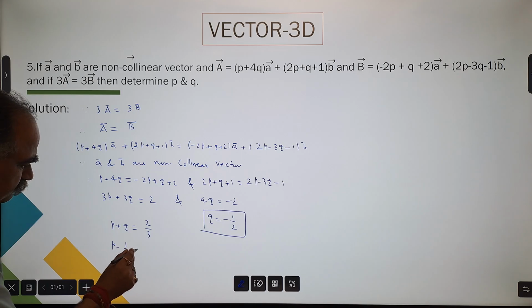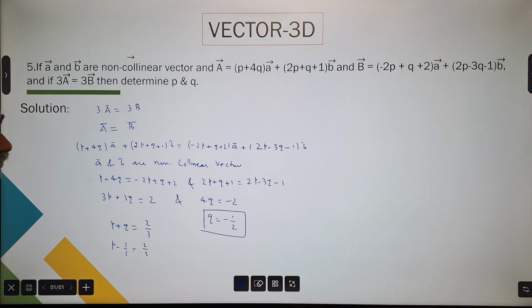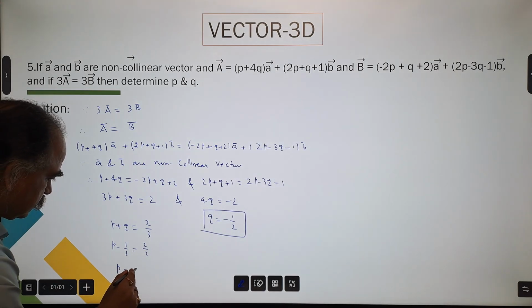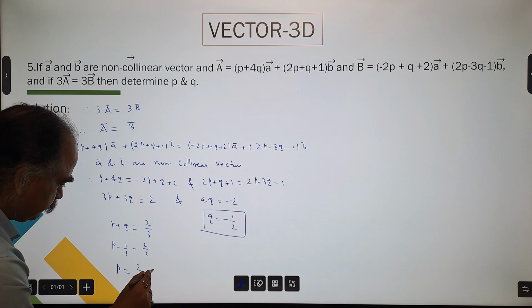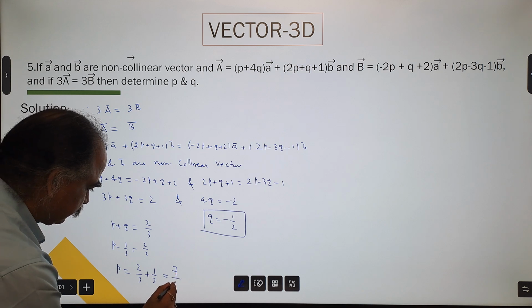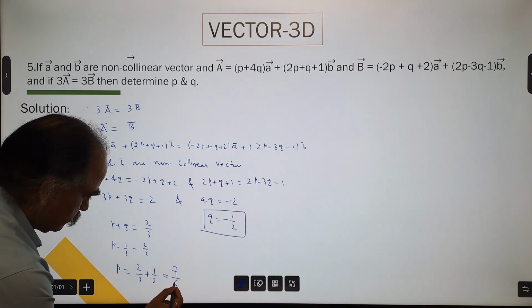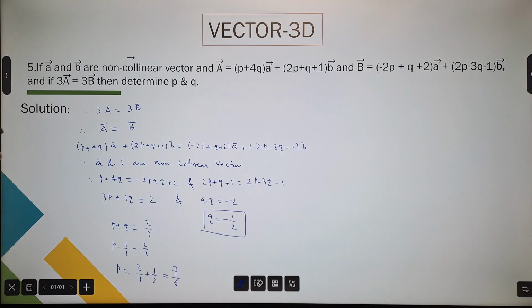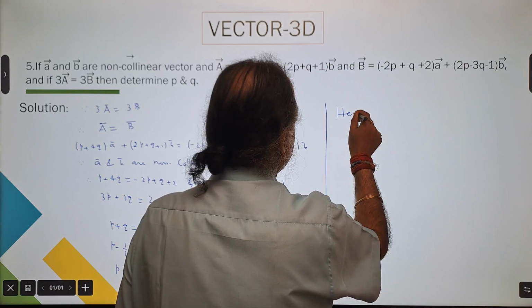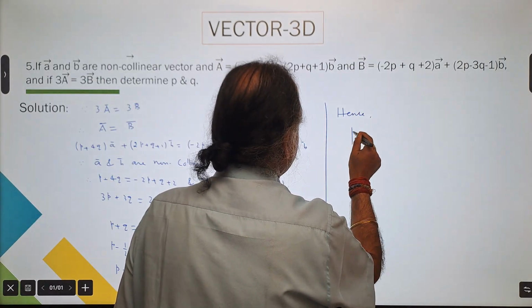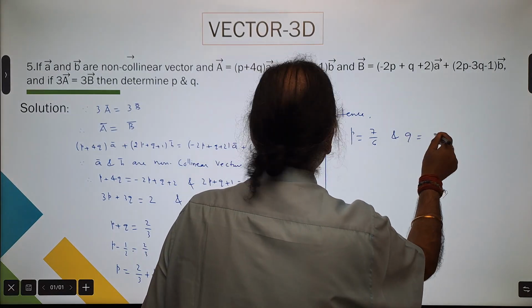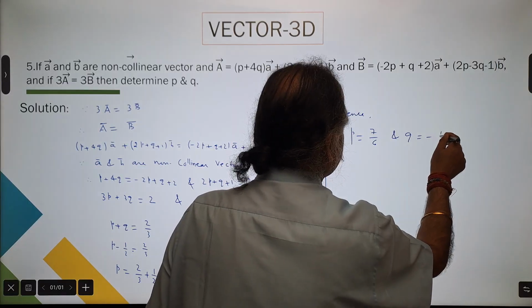P minus 1 by 2 is what? 2 by 3. Therefore P is what? 2 by 3 plus 1 by 2. 4 plus 3, 7 by 6. Hence, P is 7 by 6 and Q is minus 1 by 2.